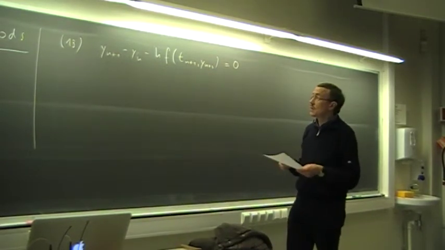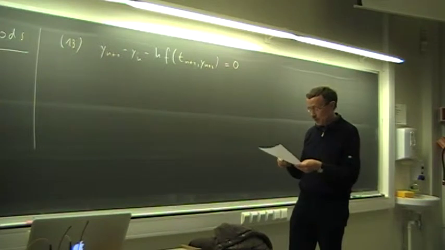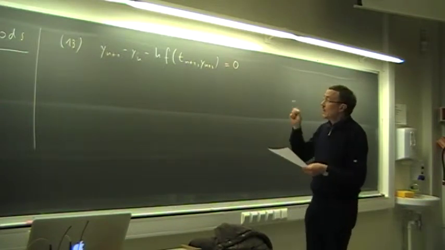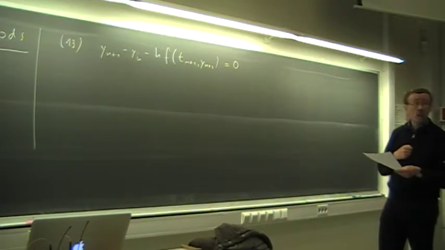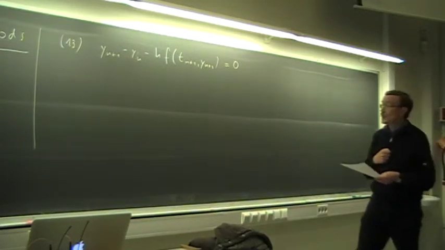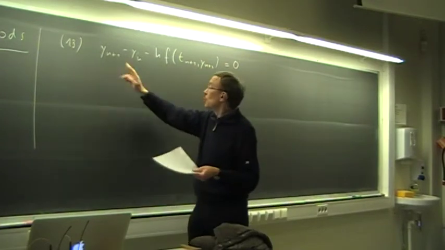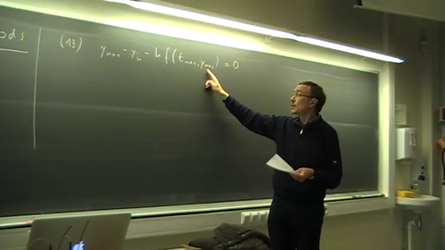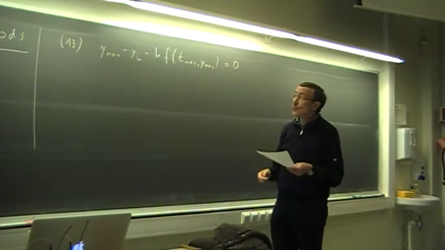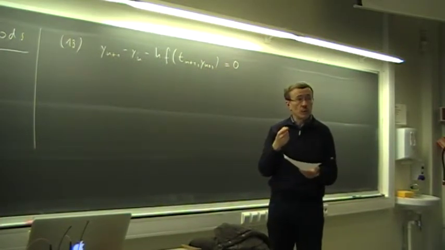And even if it's linear, we'll see that we can also discuss that. But now the unknown that we have to solve for is y_{n+1}. It's appearing in what we assumed now to be a nonlinear function. So then we get to solving a nonlinear equation.